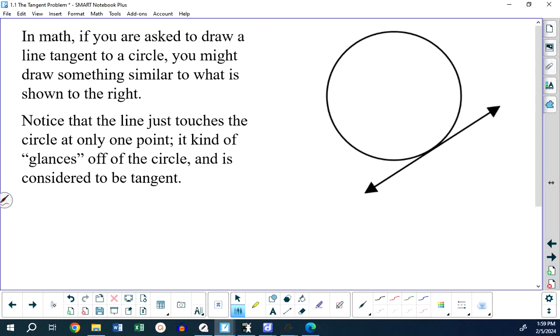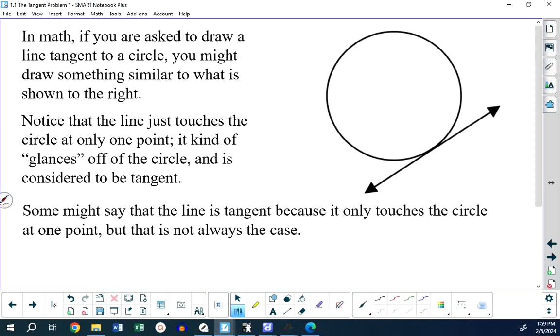And the reason why it's tangent is because of that touching it at one point and glancing off of the circle. You want to be careful here, though, because if you get sucked into believing that a tangent line is tangent because it only touches the curve at one point, that's not always the case. By the way, the word tangent, I think it's Latin. It comes from the word tangere, which means to touch.